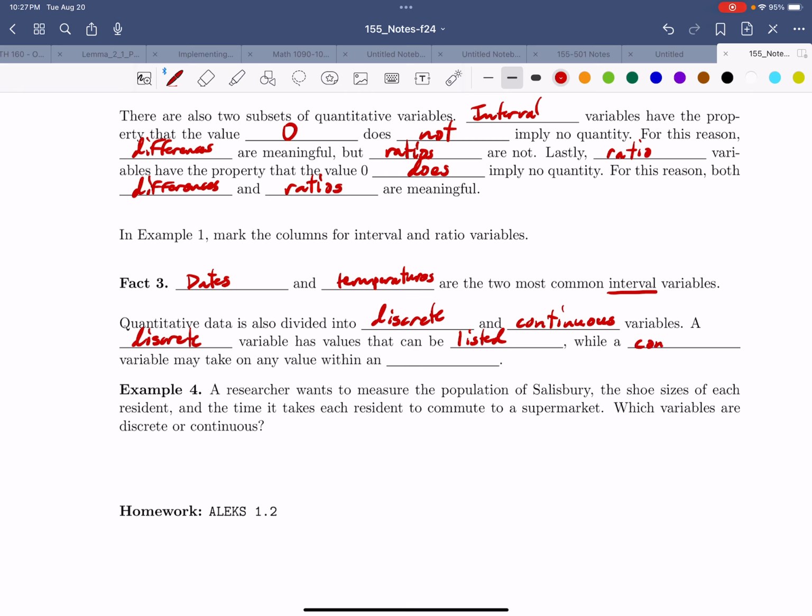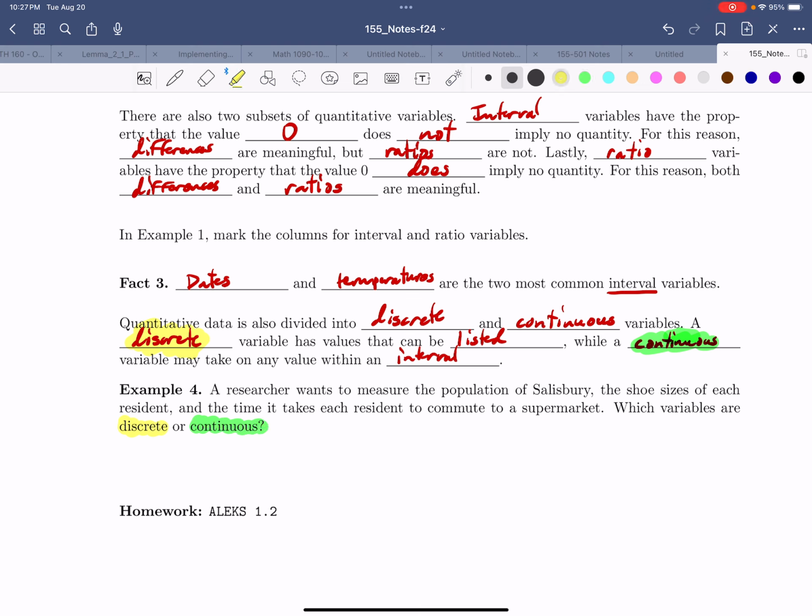While a continuous variable may take on any value within an interval. So for example, if we're considering discrete and continuous variables here, I have this example 4, read example 4. You can pause the video. Which variables are discrete or continuous?